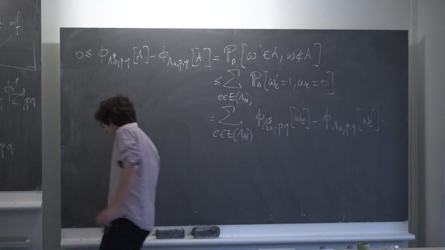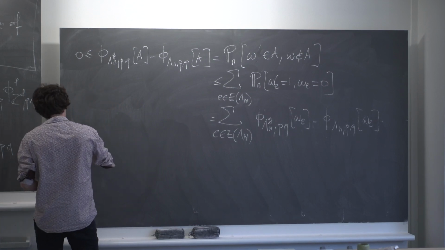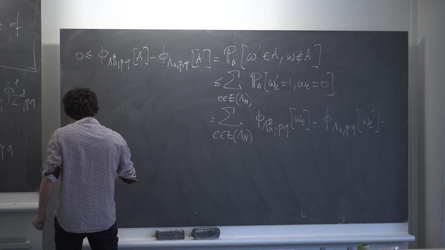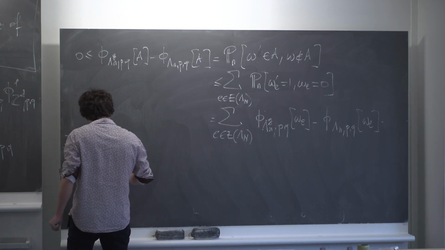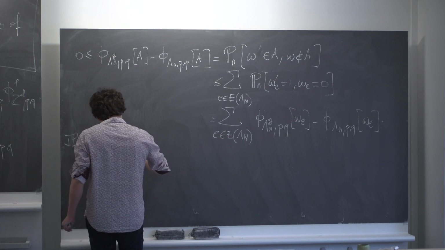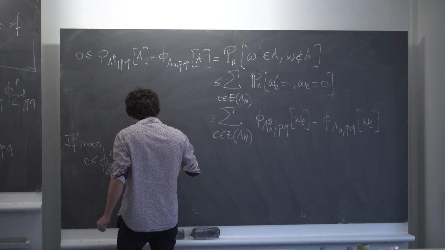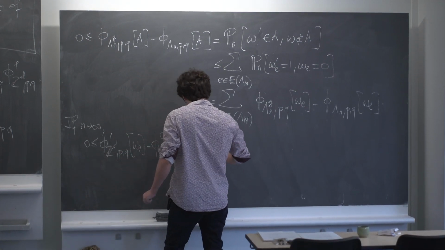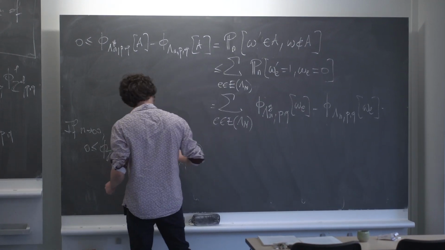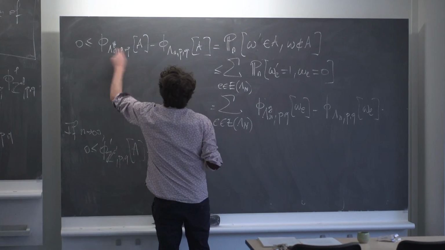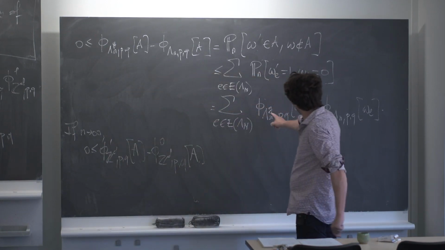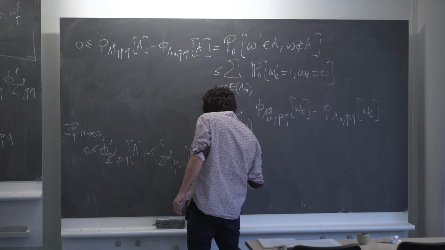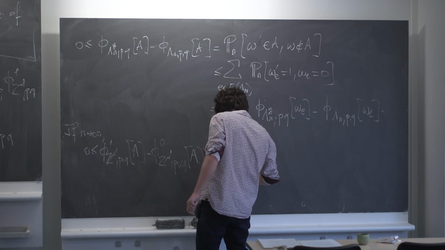So now if n tends to infinity, what do I get? I get that 0 is smaller or equal to phi 1 ZdPQ of A minus phi 0 ZdPQ of A. This is the limit here. And now if I use this bound and I use the limit here, it's smaller than the sum over the edges of lambda capital N.